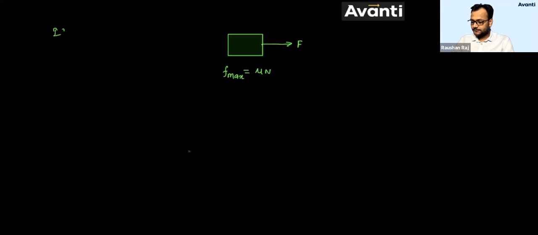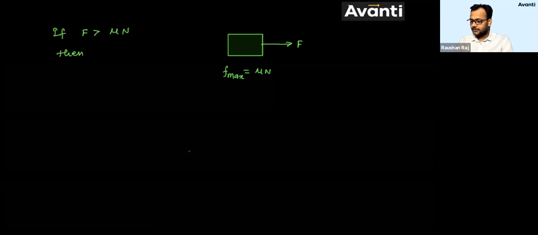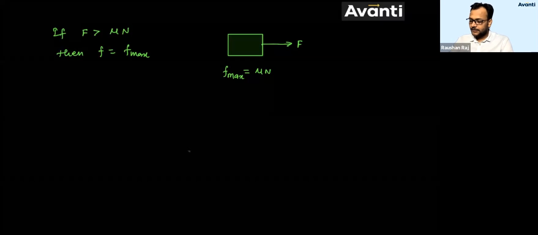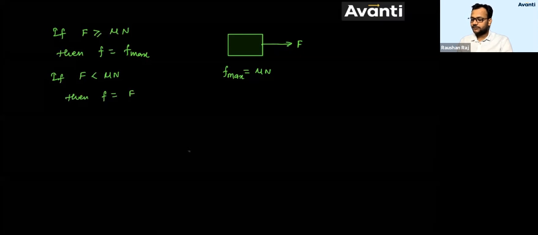So if F is greater than mu n, then the frictional force will be equal to F max. Yesterday we did this, right? If F is less than mu n, then the frictional force will be equal to F.